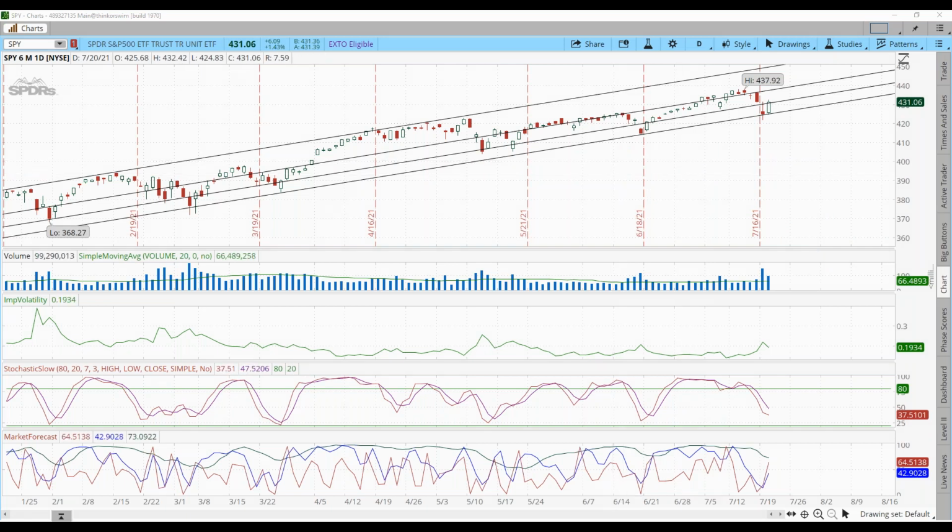The other type of triangle that we have is a symmetrical triangle. Right? The highs are coming down, the lows are moving up, and we have kind of a coil, whatever the prevailing trend was.